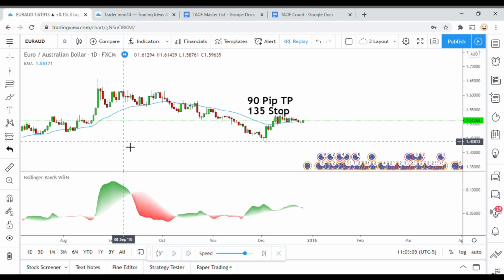And so it definitely wouldn't work as an entry indicator, but it could technically work as a volume slash momentum indicator.